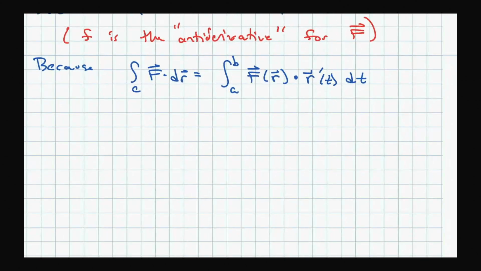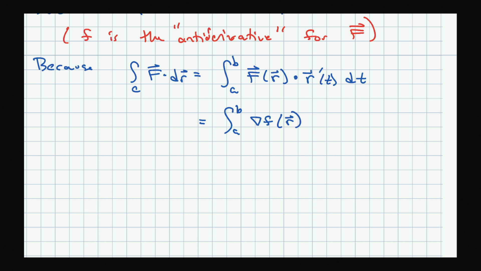But capital F, because capital F is conservative, is actually the gradient of little f. Okay. And then it turns out that this bit right here is actually the derivative of something.